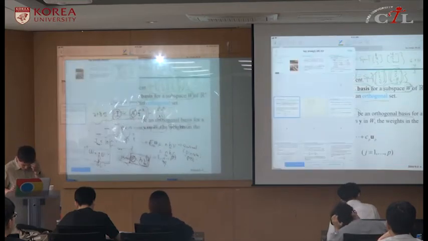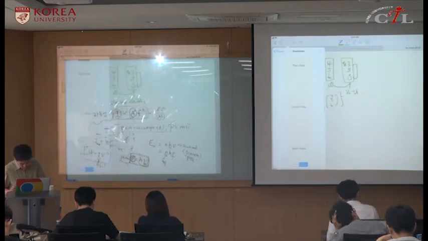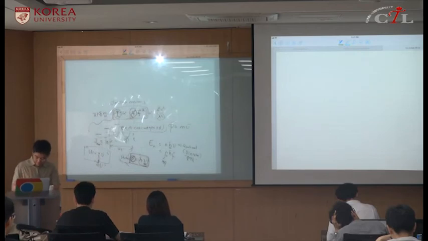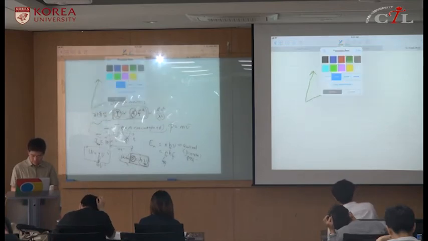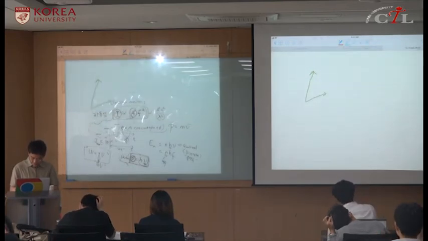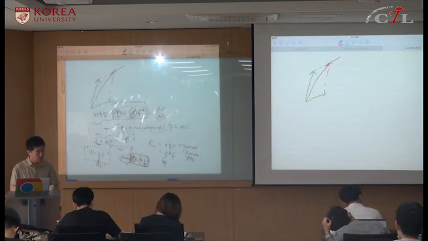Suppose our subspace is spanned by these two, and we want to represent this point. This point in our subspace is represented as a linear combination of these vectors v1 and v2, which are our basis vectors.